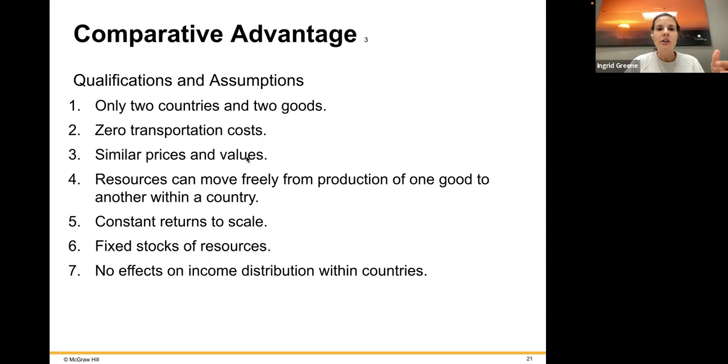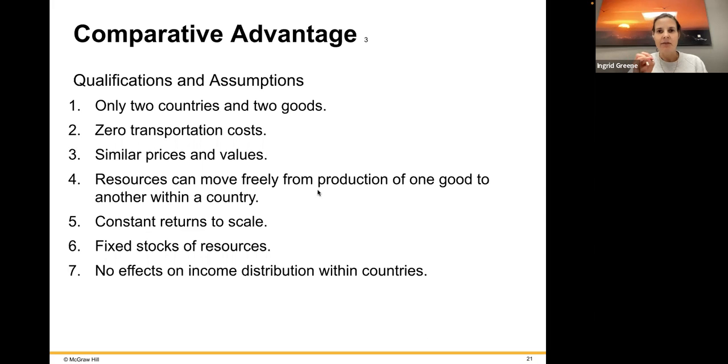We're also assuming similar prices and values, and that there's no involvement of exchange rates here. It's again a very basic model. We also assume that resources can move freely from production of one good to another within a country. So this is hard too, right?